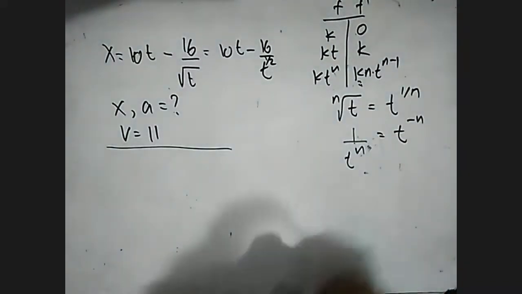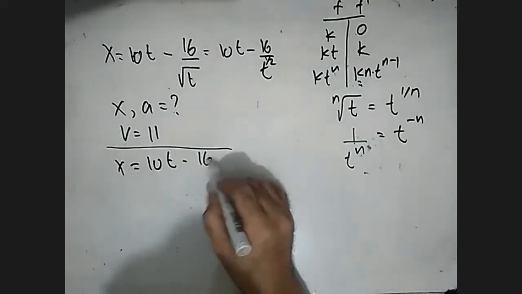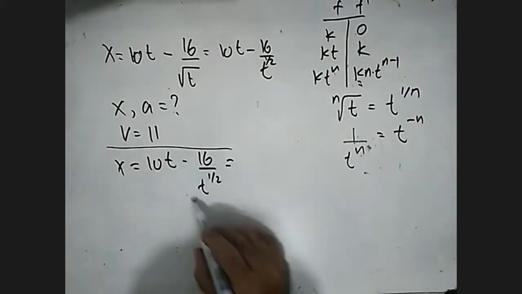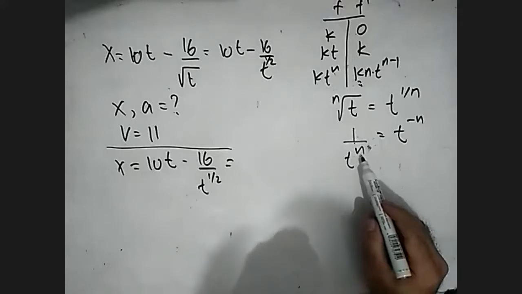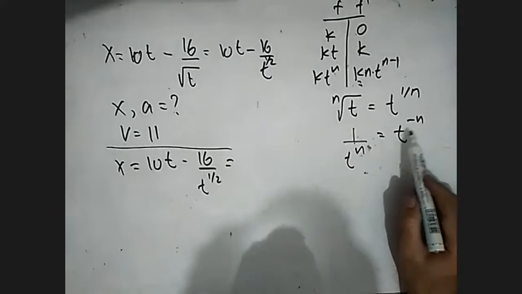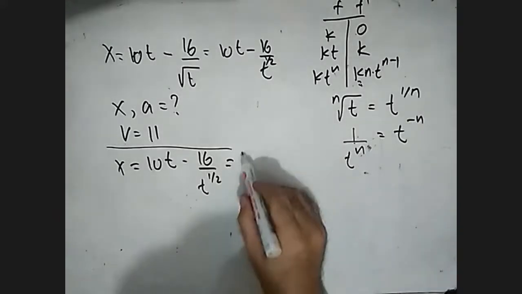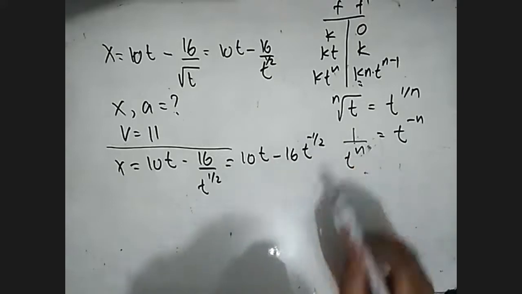Now, x is 10t minus 16 over t power half. We're going to change this again. This is the case when we have t to the power of half in the denominator. If we want to make them normal, that's going to be t power negative of this value. So this becomes 10t minus 16t power negative half.